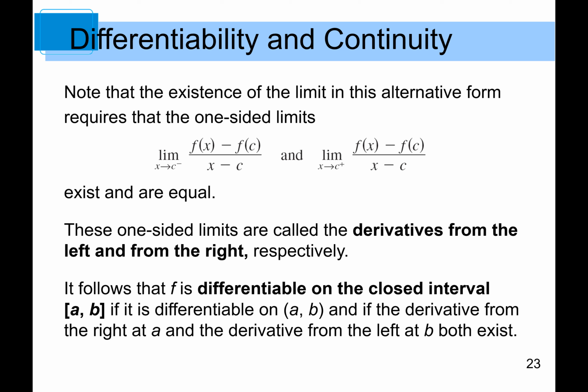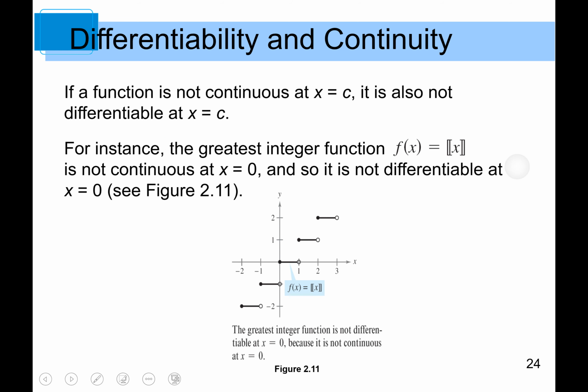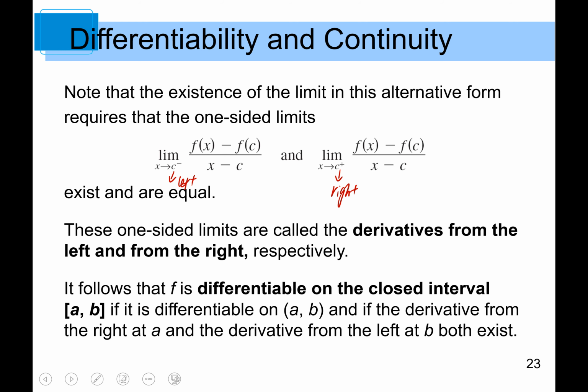Note that the existence of the limit in this alternative form requires that the one-sided limits, when x approaches c from the left (c minus) and from the right, exist and are equal.